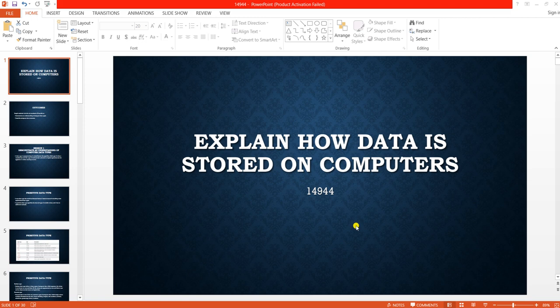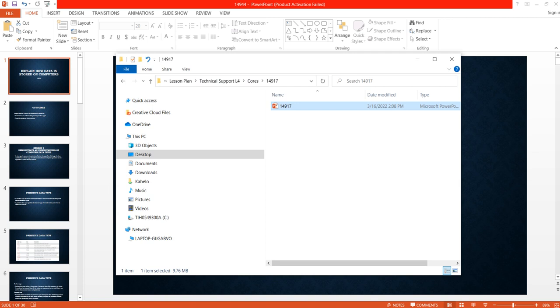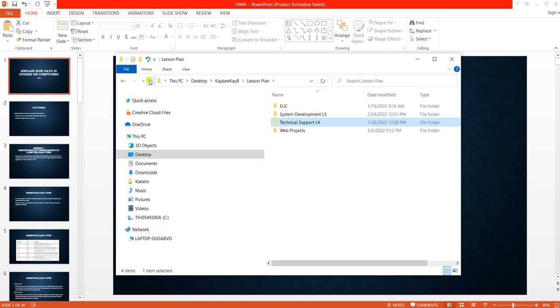So the first thing that comes to your mind is that in terms of data being stored on computers, we talk about the structure. So what could be the structure? If you can check on one of, for instance, I normally have my lesson plan.